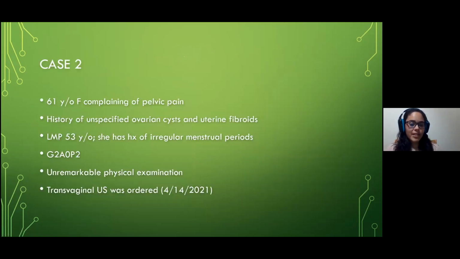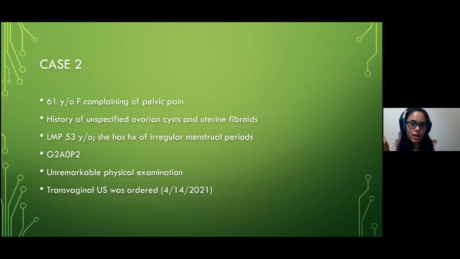So for my case 2, it was a 61-year-old female complaining of pelvic pain. She had a history of unspecified ovarian cysts and uterine fibroids. Her last menstrual period was when she was 53 years old. She did have a history of irregular menstrual periods.